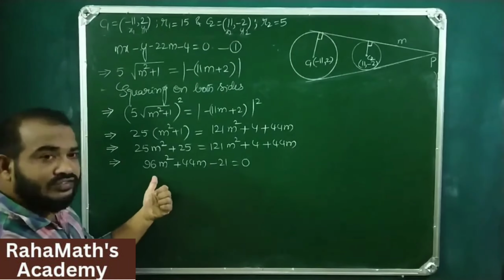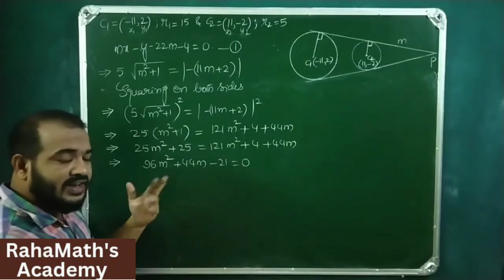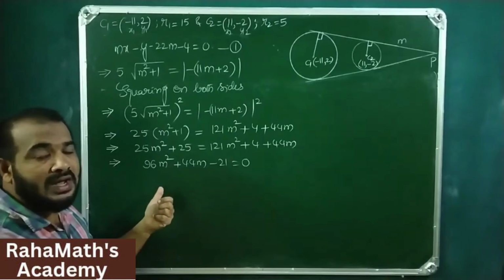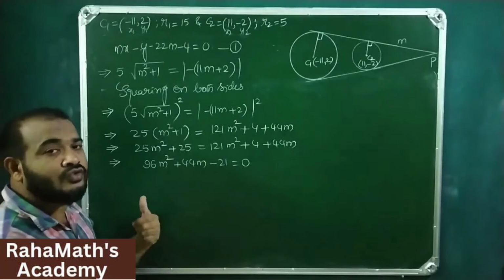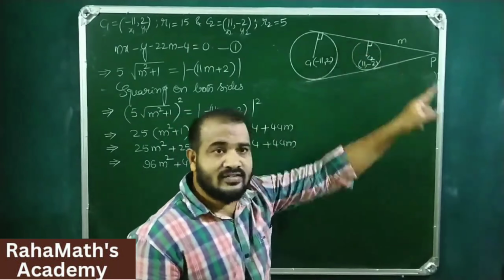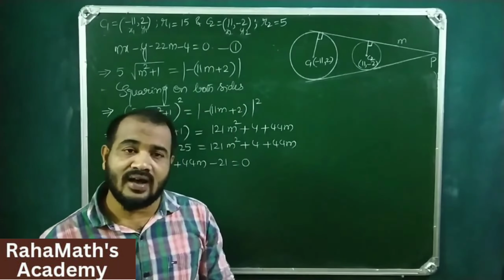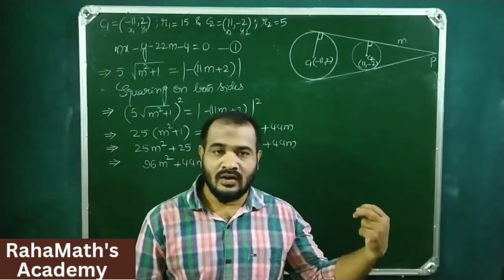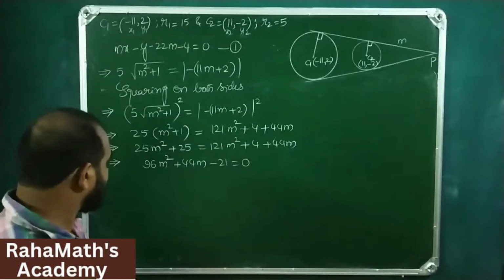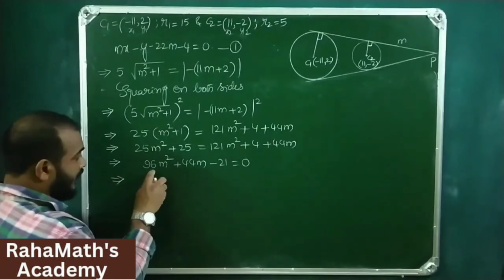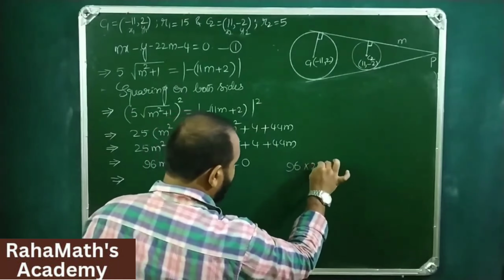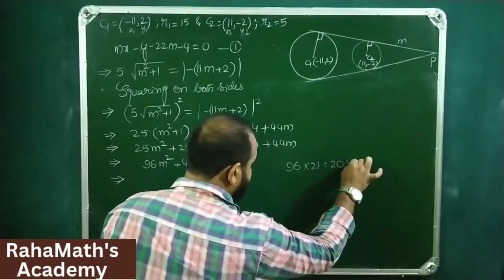Now, this is a quadratic equation. A quadratic equation means we are going to get two values for m. What is m? The slope. Since there exist two lines, we are going to have two values for m. Okay? Let us try to solve this quadratic equation now. So 96 into 21 is 2016.